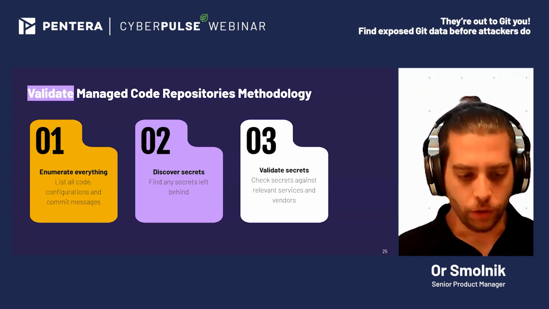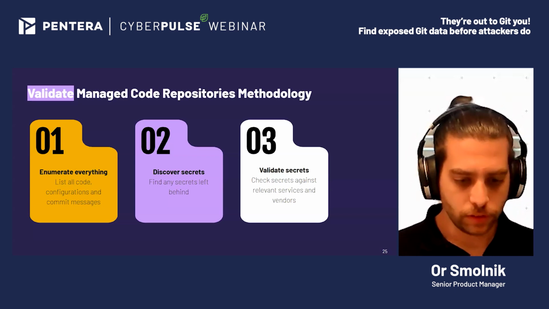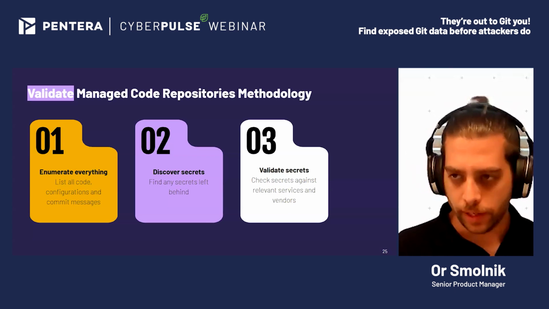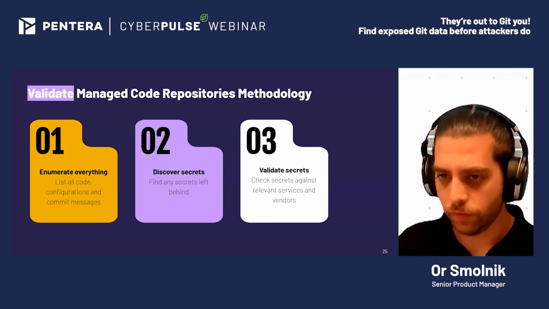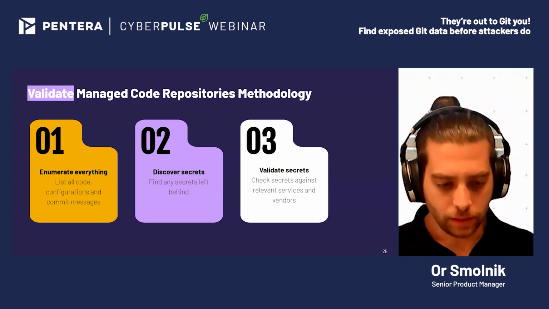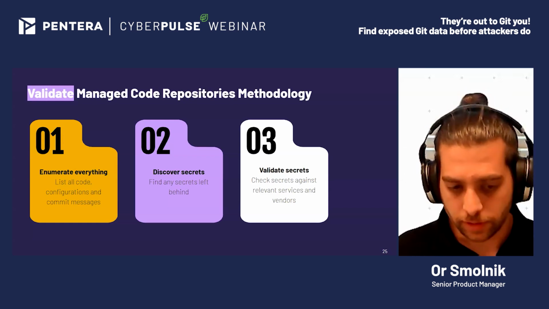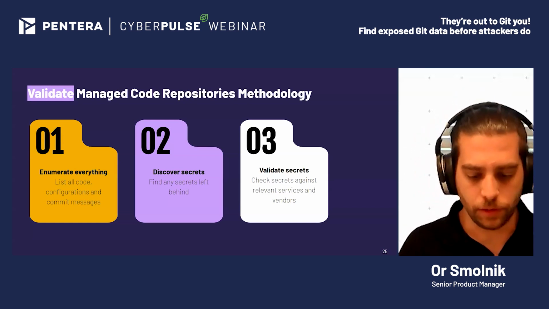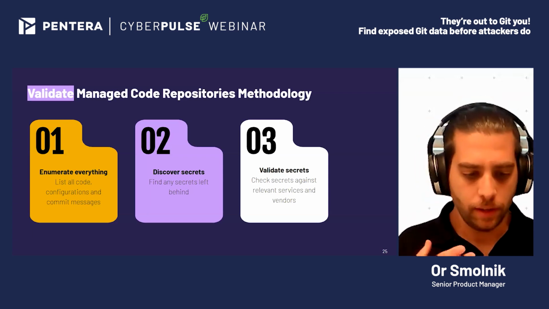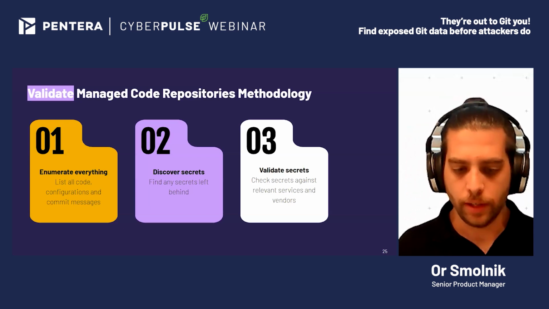It's everything. When you are working in a Git environment, there are lots of data points, lots of insights that you need to consider. For example, what about the commit text that you are providing? What about not the code files, but some configuration files or other files and data points that can expose certain secrets and APIs that you don't want to be exposed? Second, once we know all of the items in the object, we can discover secrets.